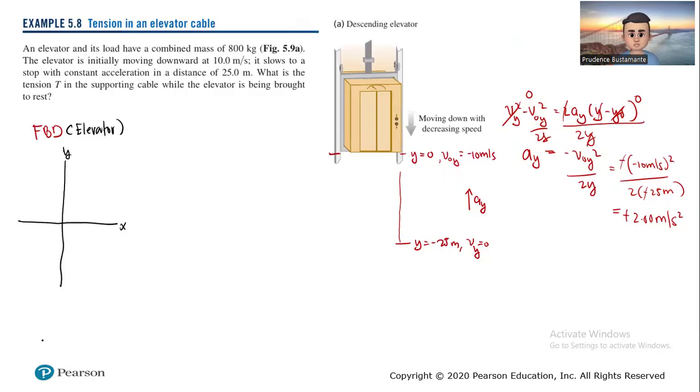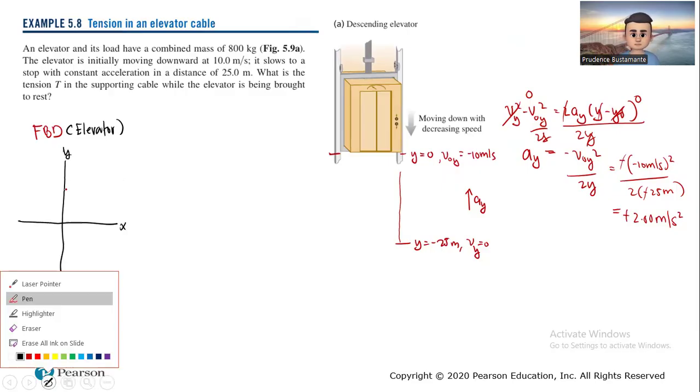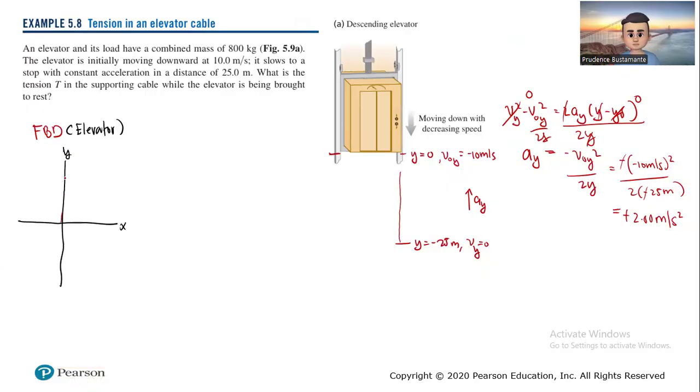So we have here the tension from the cable. We have the weight of the elevator, which is equal to the mass of the elevator times g.